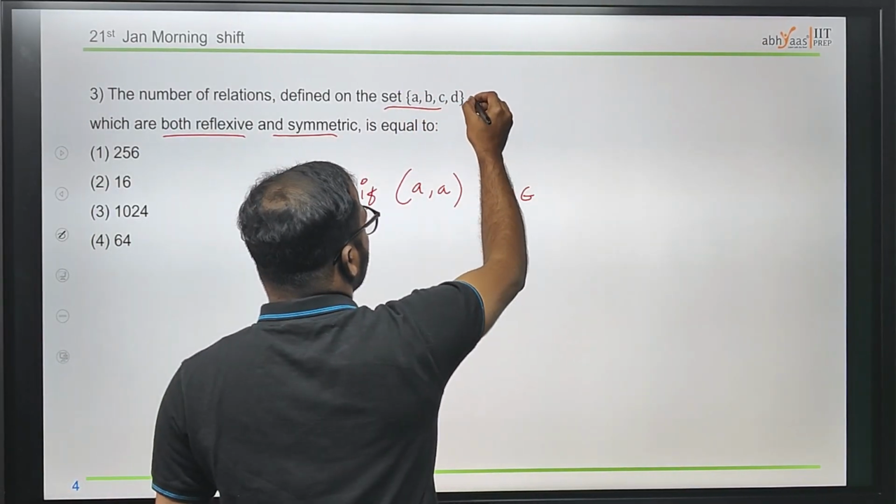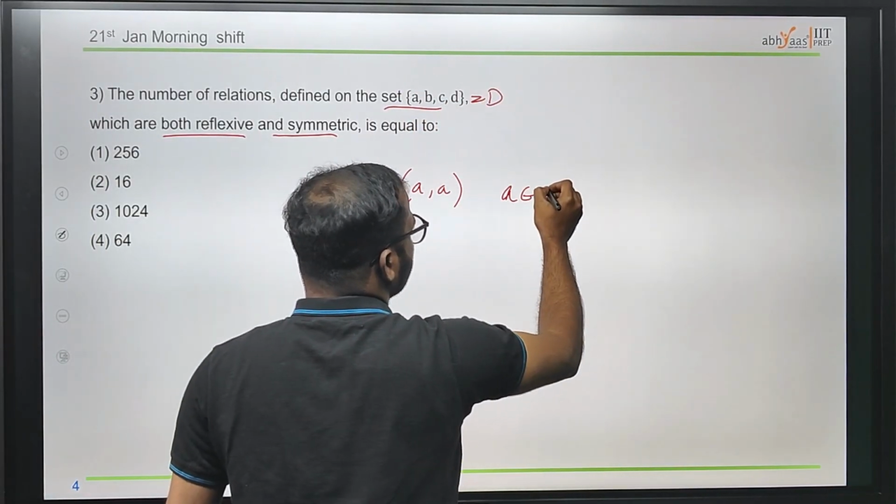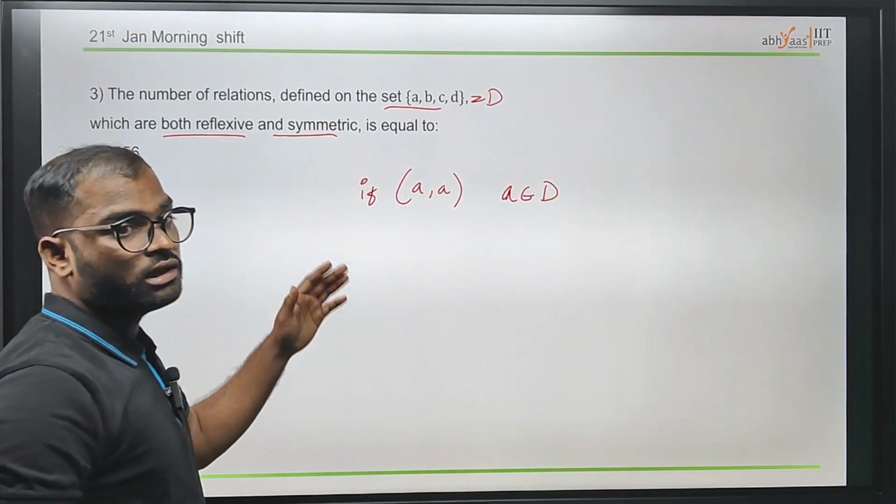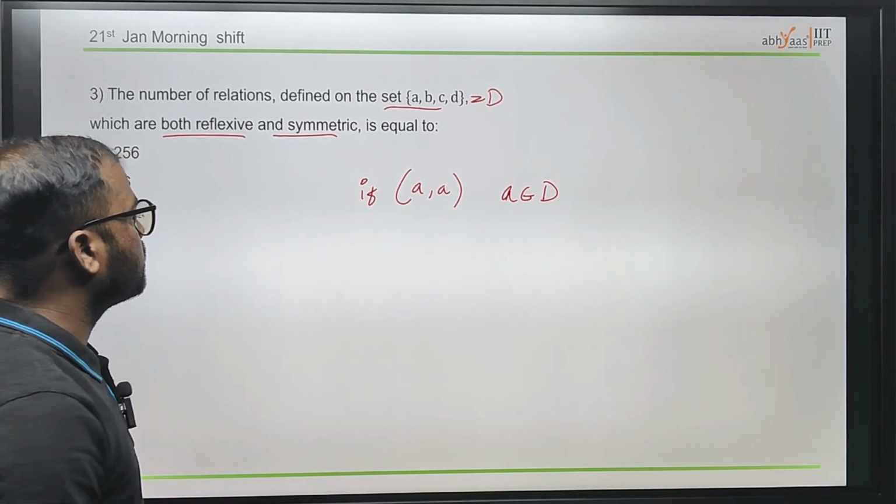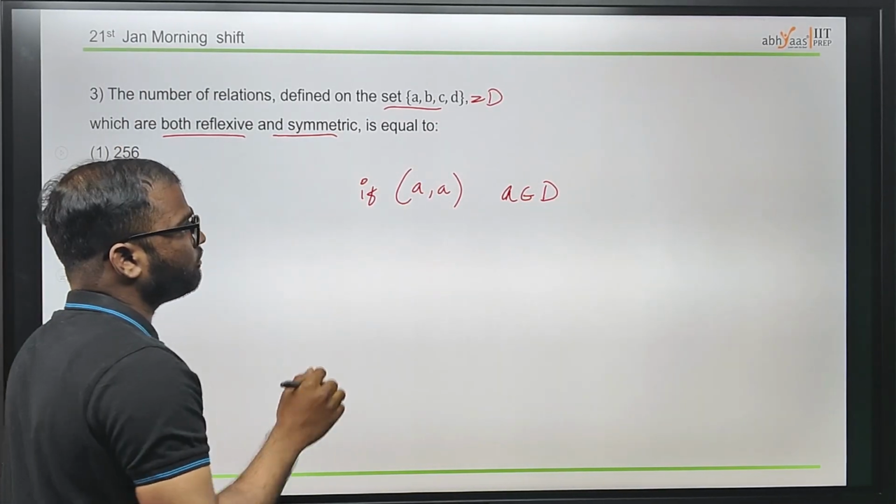Say it as we have set D, which must belong to D, okay, then only reflexive will work. Similarly we have symmetry.